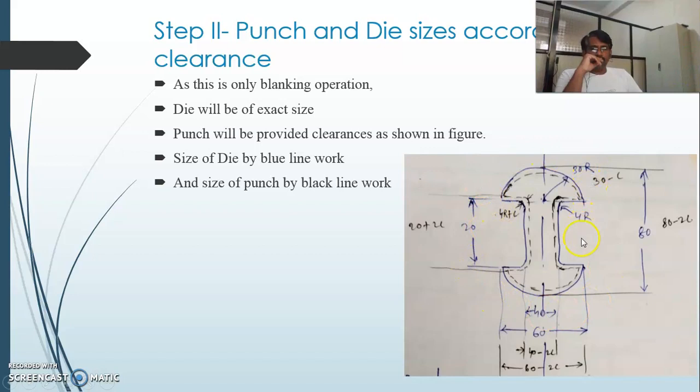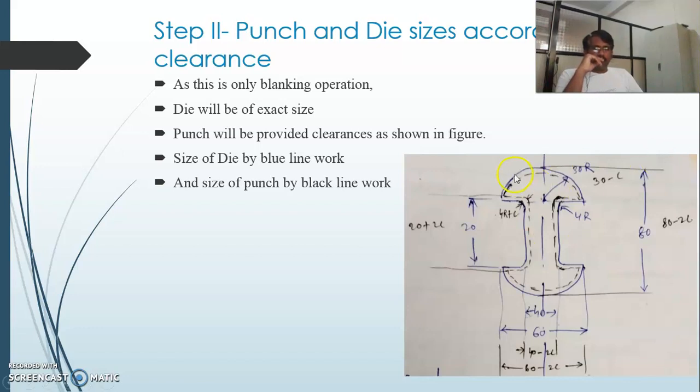Okay, so from the sheet metal strip we require to cut this shape, and this shape will be available at the bottom of your press machine, and in this case we can say that this is a blanking operation, and for blanking operation we are knowing that the die size will be of the exact size. Die size will be of the exact size, and the punch will be required to have the clearances.